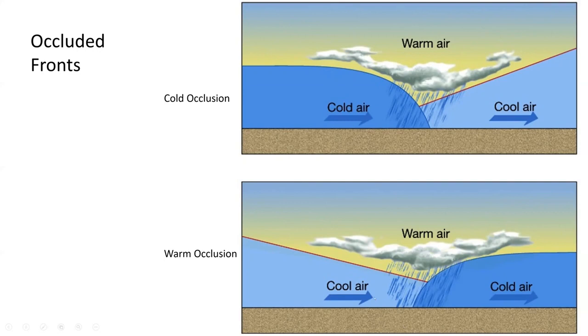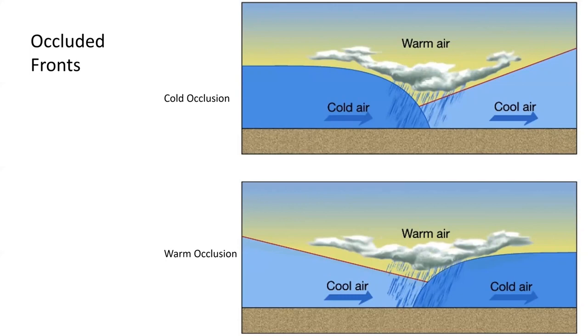I'm going to go over to my esteemed colleague David. The warm occlusion, is that from the weaker fronts associated with a high pressure system? That I don't know. I don't know what pressure system creates one or the other. Just when you have cold air meeting cold air, there's still going to be a temperature difference between the two bodies of air. So one of them is going to be colder than the other. If the one catching up is colder than the one in front, it's a cold occlusion.